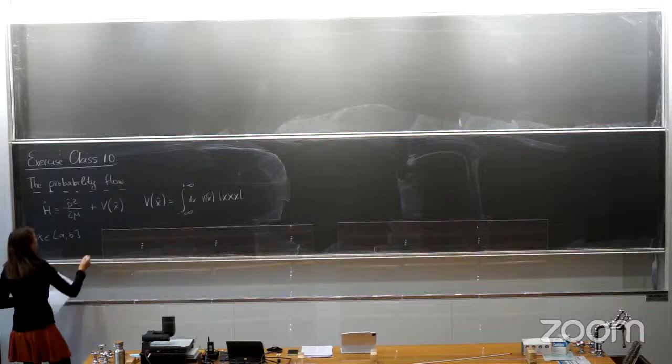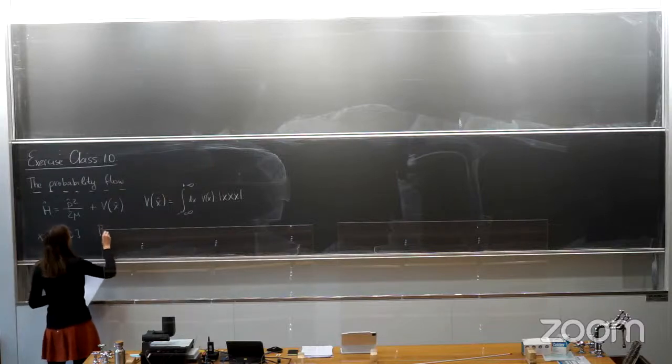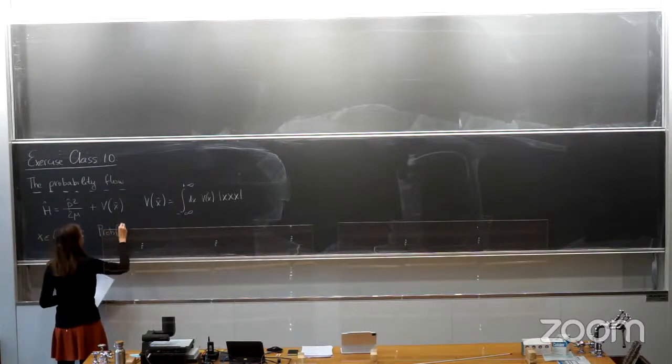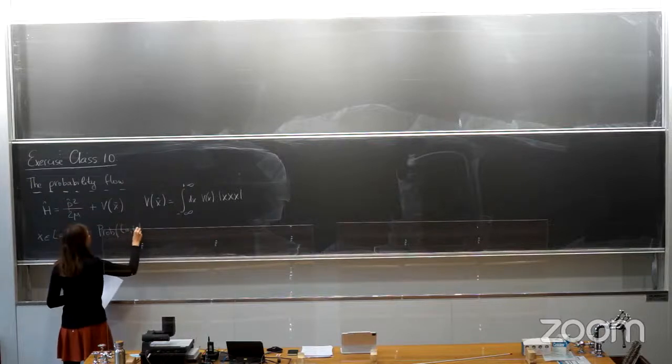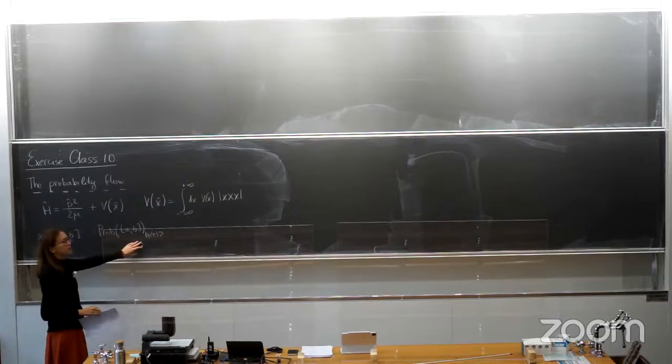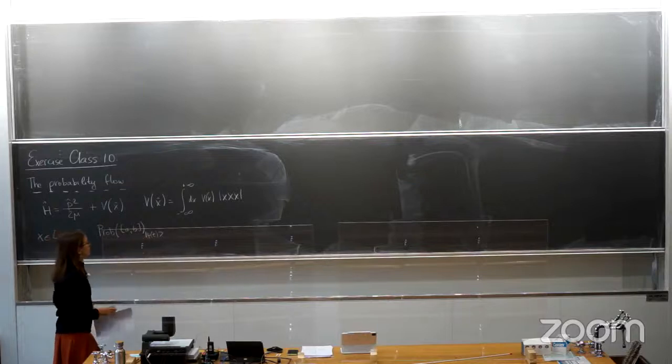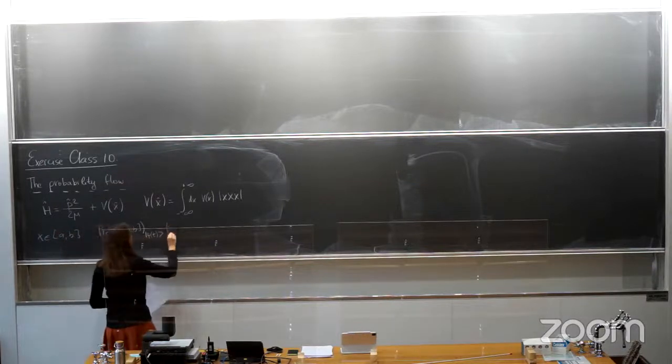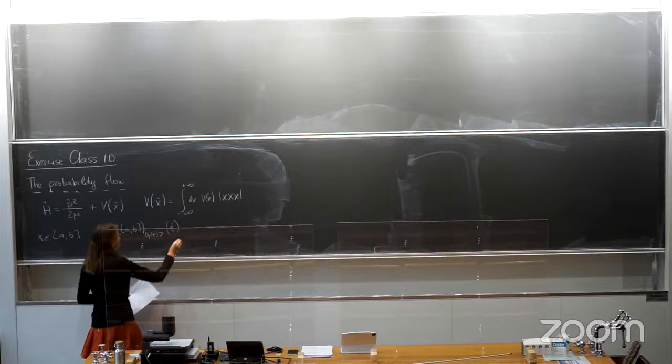So we'll have some probability of the particle being in this interval AB, which of course depends on the state the particle is in, and the state in its own turn is dependent on time. So this whole thing will also depend on time, and we'll see how it changes.